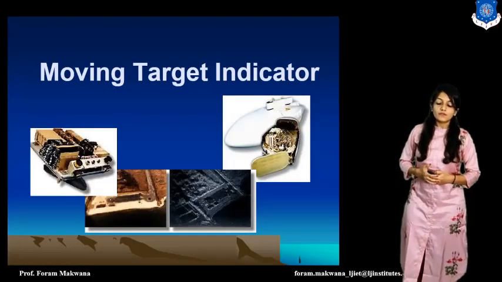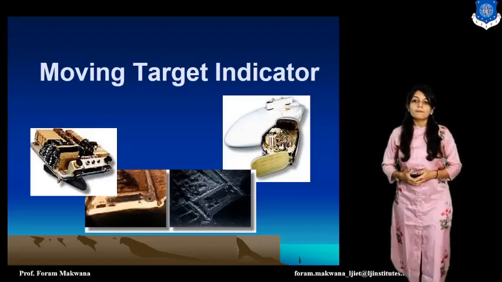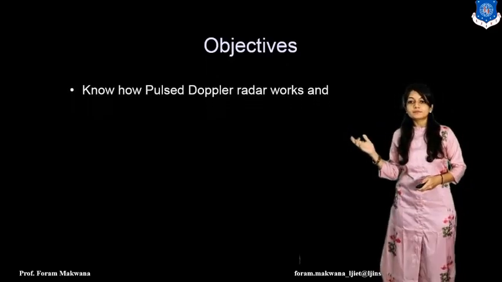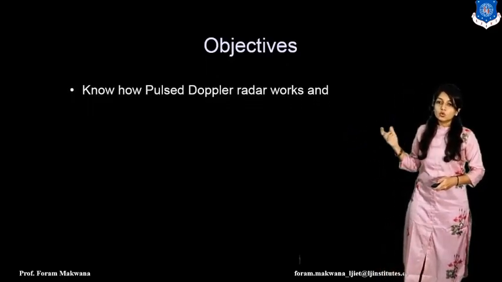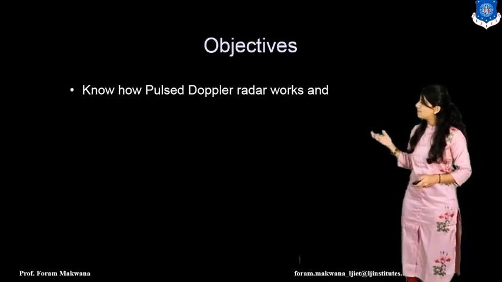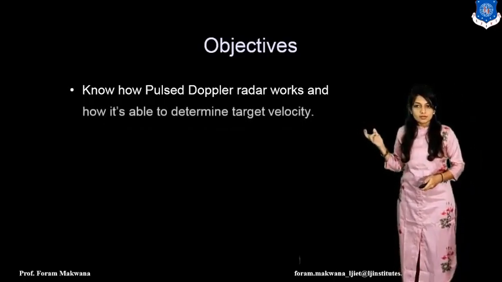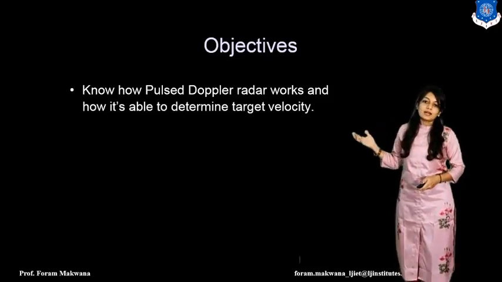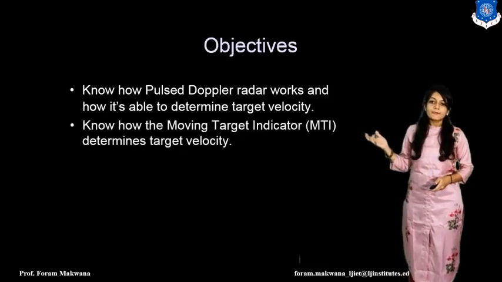So first, we are going to focus on the moving target indicator. What are the objectives of MTI? We are first going to determine how the pulse Doppler radar works, and based on that we are able to determine the target velocity, right?